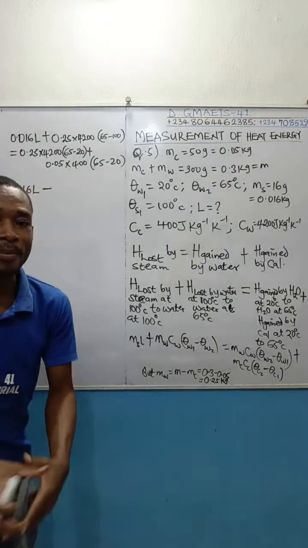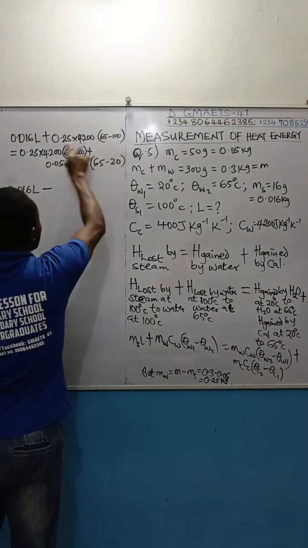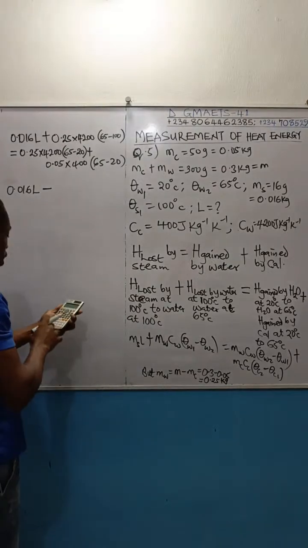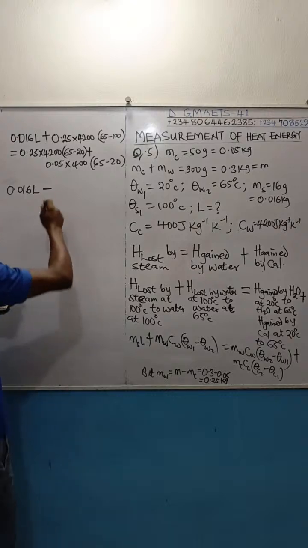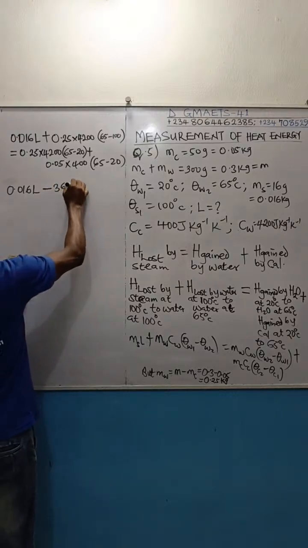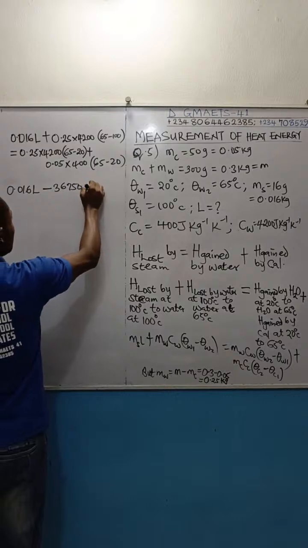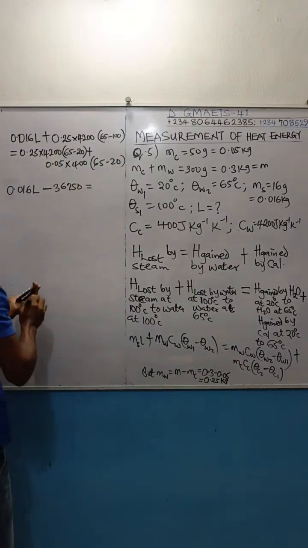If you are multiplying out this part, we change this plus to minus. So we're going to get minus 35 times 0.25 times 4,200. What do we get here? This is minus 36,750.